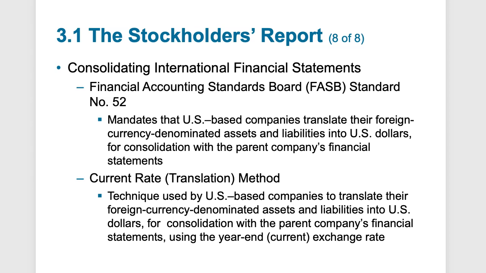You might have to consolidate operations in foreign currencies and bring them all into, think of a global company like Sony, a US-based total set of financial statements. That's when you're going to have to consolidate. And generally, you're going to use FASB Standard 52 to help understand how to translate foreign currency denominated assets and liabilities into the parent company's financial statements.